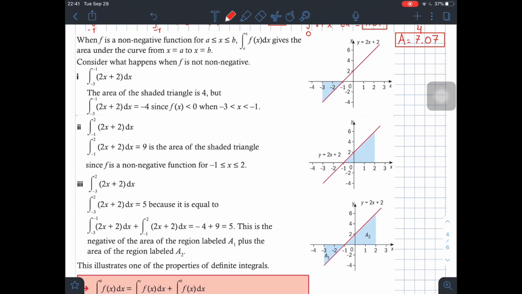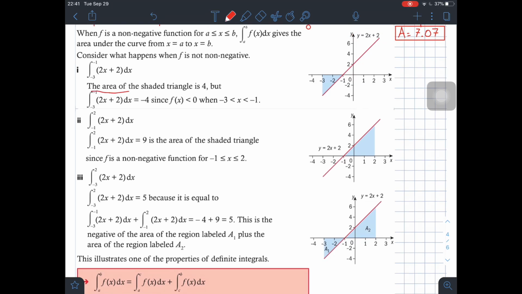But the integral from -3 to -1 of the function, which is 2x plus 2, if we find that integral using the calculator, the value the calculator would give us is -4. You can try this using your calculators and you will see that you will get -4.